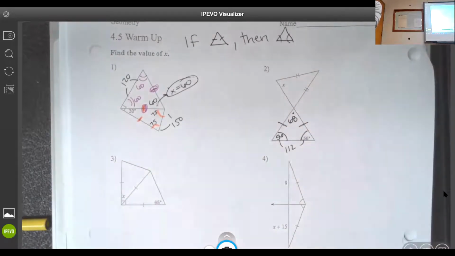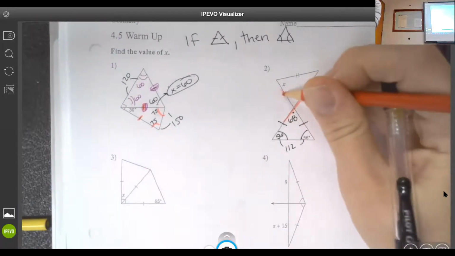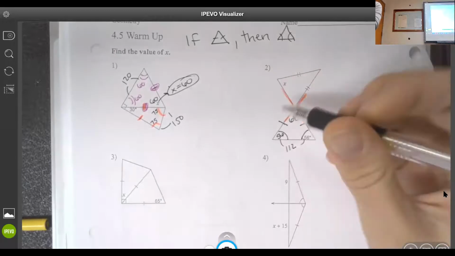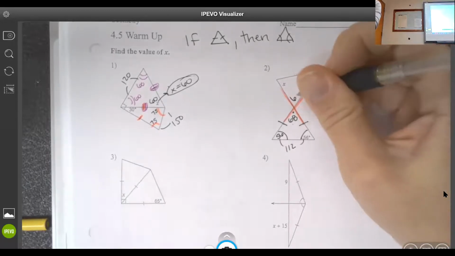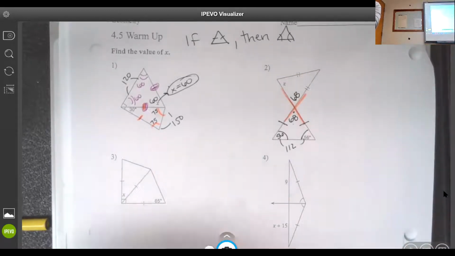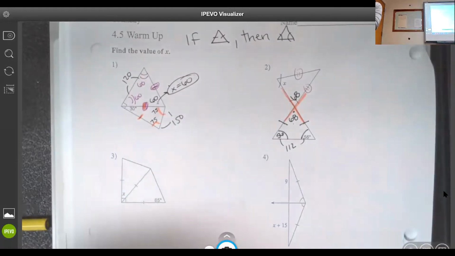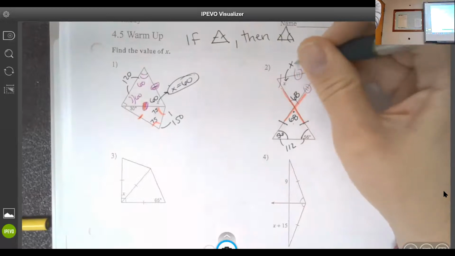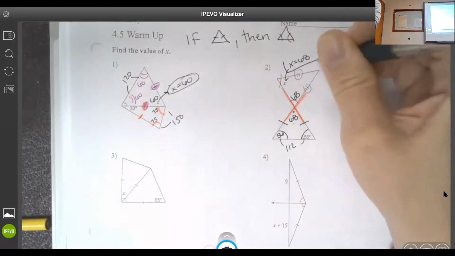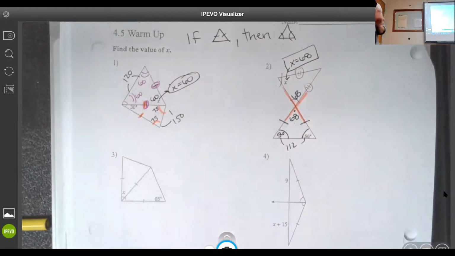And then I have vertical angles. So if this is 68, then this is 68. And again, I have sides, so angles. So X is also going to be 68. See how that works there?